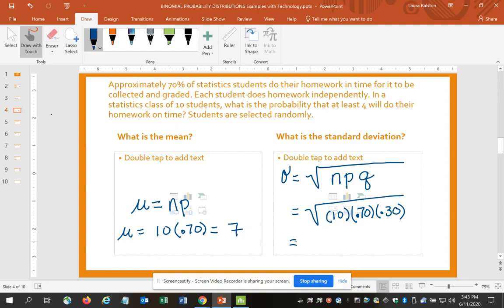So I would have 10 times 0.7 times 0.3, and I'm going to take the square root. And when I do that, that's 1.449137675. You'll likely be asked to round that to 2 places. This would round to 1.45.